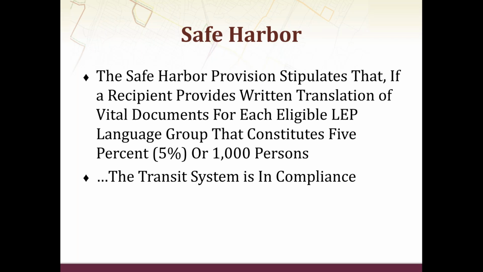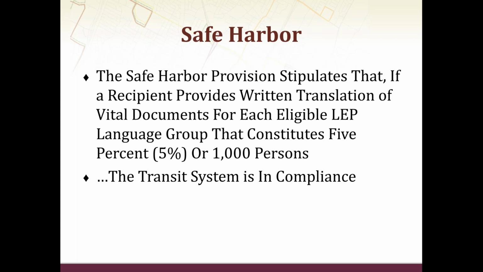Now, again, we come into a similar situation to what I was talking about before in New York with a very diverse population. Sometimes it's just not administratively practical or cost effective to translate all of your vital documents into every single language that exceeds the safe harbor threshold. So the key things in that situation are really in your plan: you want to explain what languages you're going to translate vital documents for, and if there are any that aren't going to be translated, then you want to provide a justification for why you're doing that.